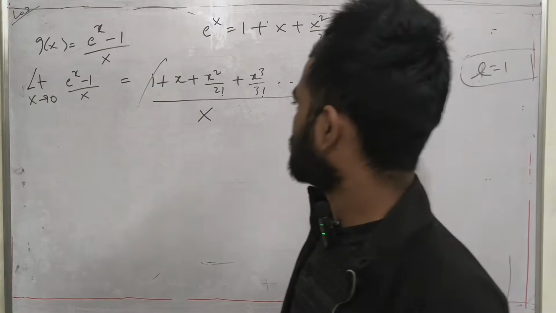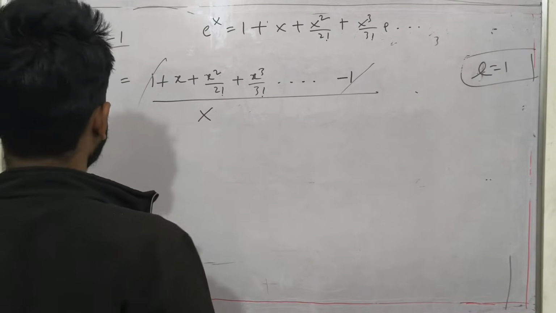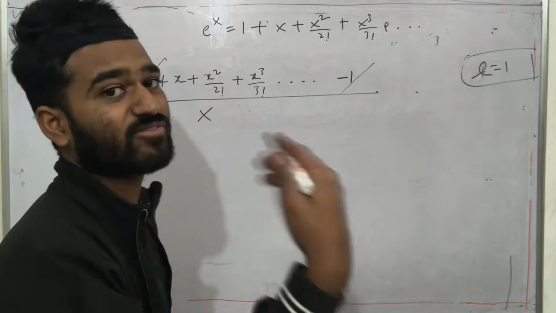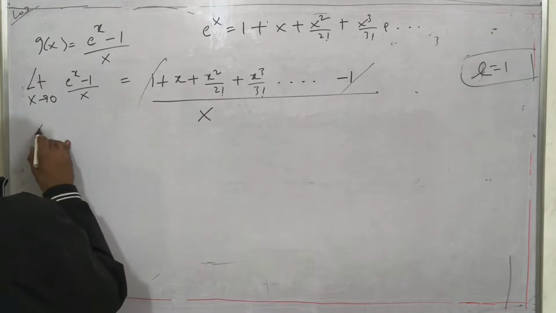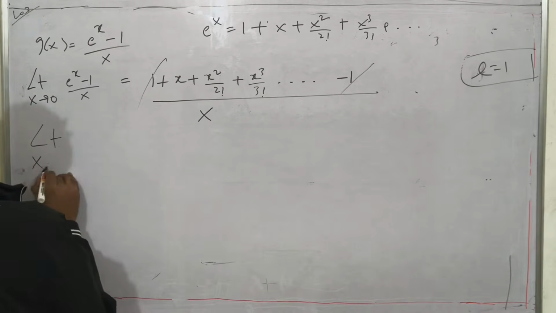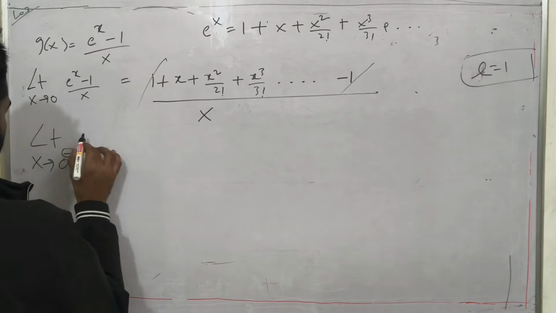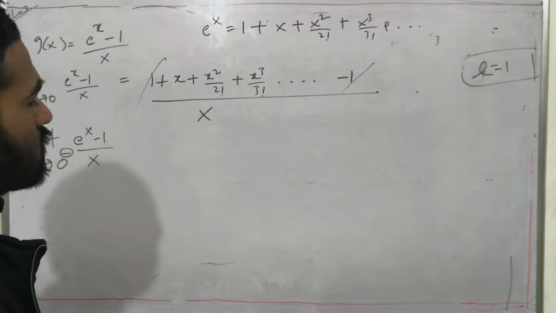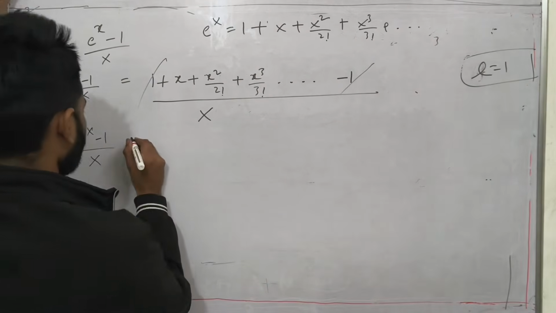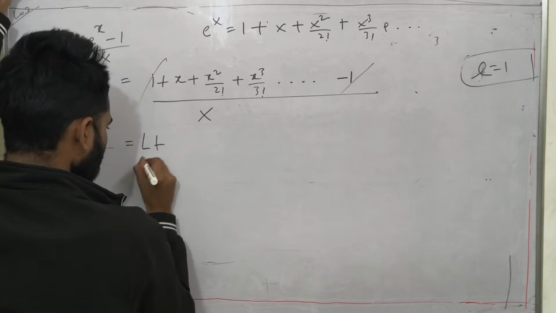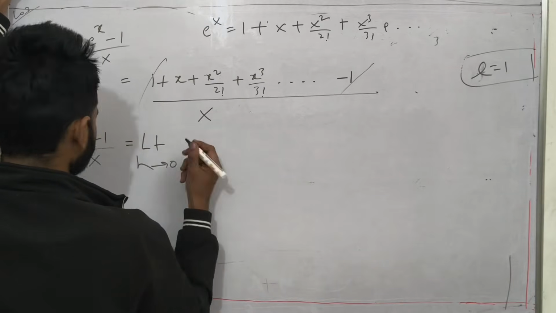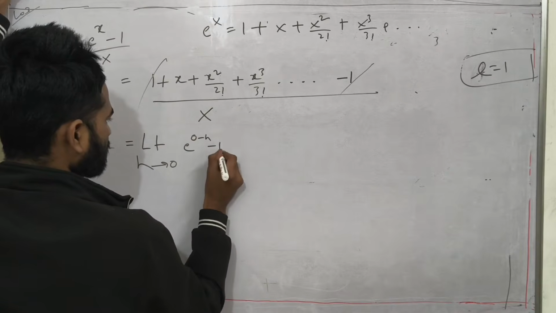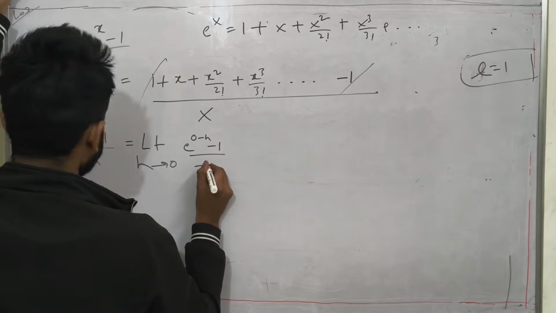Okay, so remaining we have, and let's find the left hand limit. Limit x tends to 0 minus of e power x minus 1 by x. Okay, so we can write it as limit h tends to 0 of e power 0 minus h minus 1 by minus h.